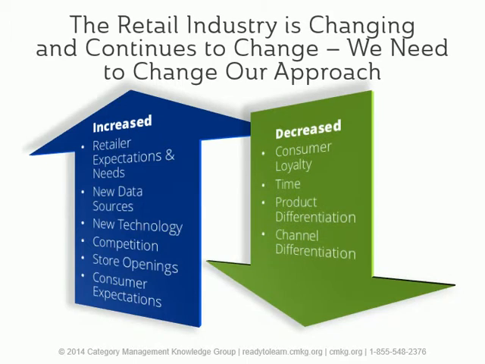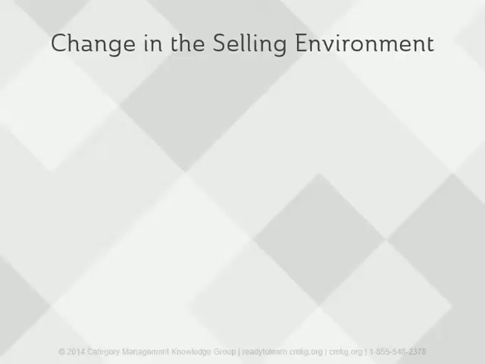And some things are decreasing. Consumers are less loyal and have less time to shop. Product differentiation has decreased, as has channel differentiation. Ultimately, this has required us to adopt a category management approach. It's the only way to strategically deal with the ever-changing marketplace.